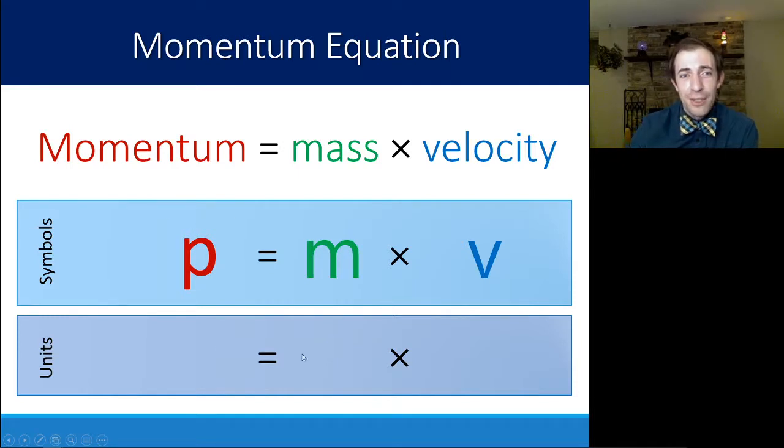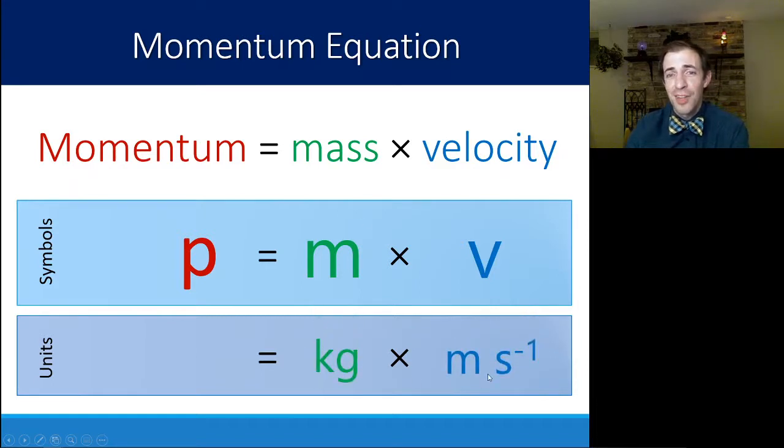For our equation units, our mass is going to be measured in kilograms, and our velocity is measured in meters per second. Now, in our previous conversations, we've talked about force and work and power and energy. All of those were derived units, so we didn't have this string of fundamentals. Instead, we said force is newtons, energy is joules.